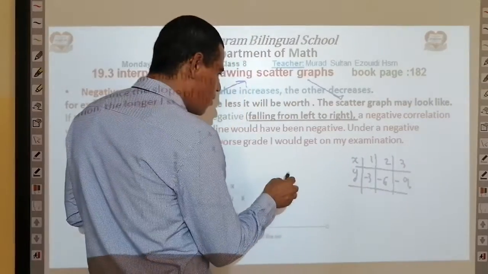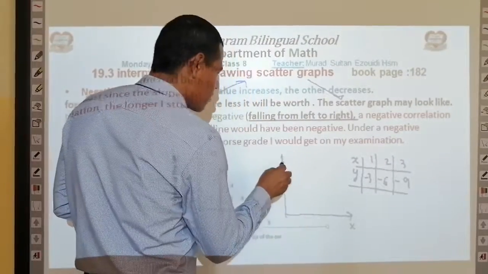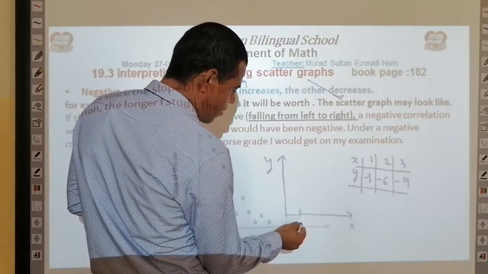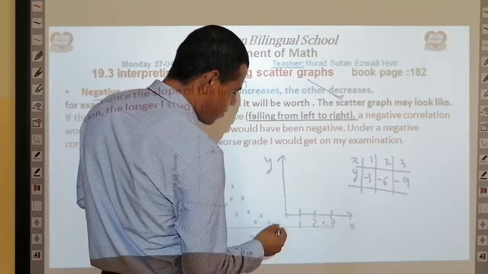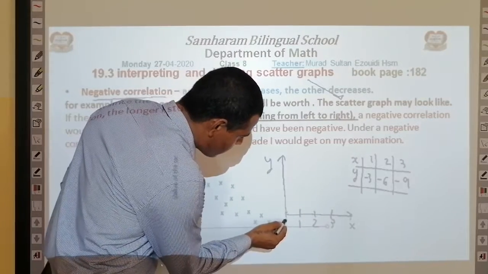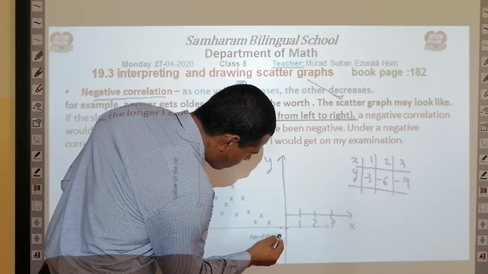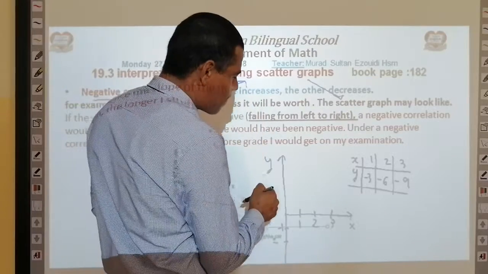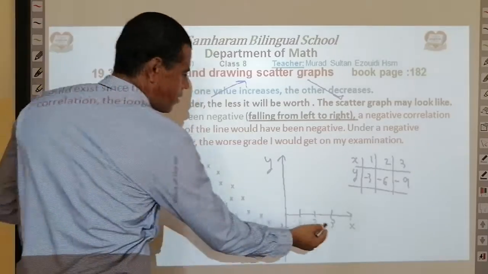So, if we draw like that, this is x, and this is y. This is 1, 2, 3, and this one is negative 1, negative 2.